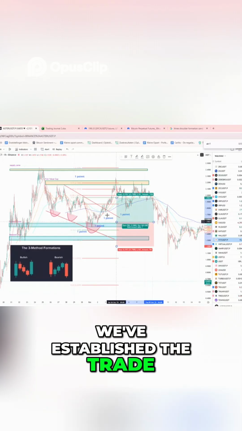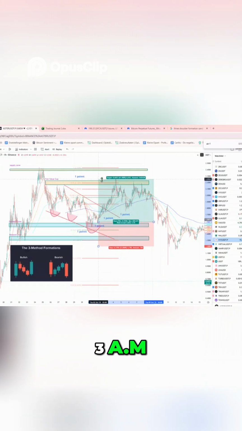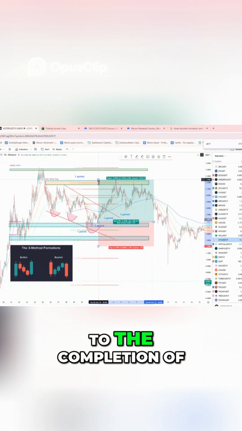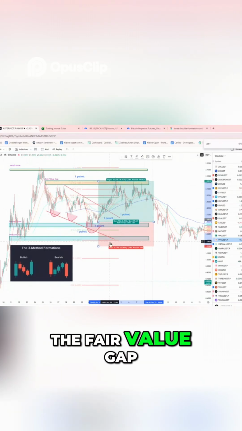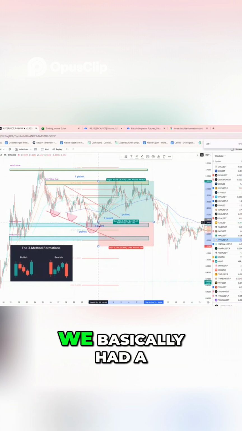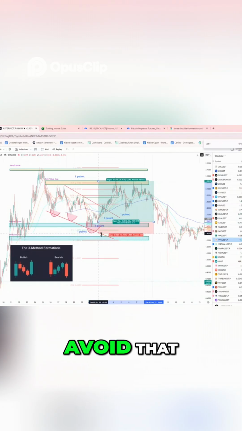We've established the trade, entering the trade at 1 October, 3 a.m. with the take profit set up to the completion of the fair value gap. However, since we entered here, we basically had a really big SL, so I wanted to avoid that.